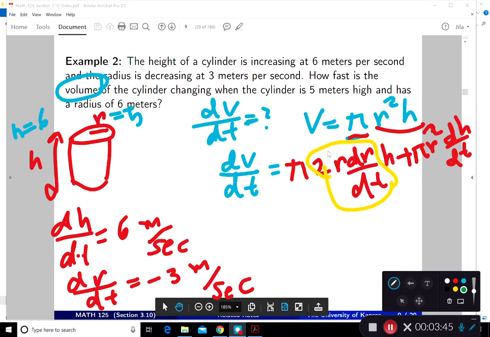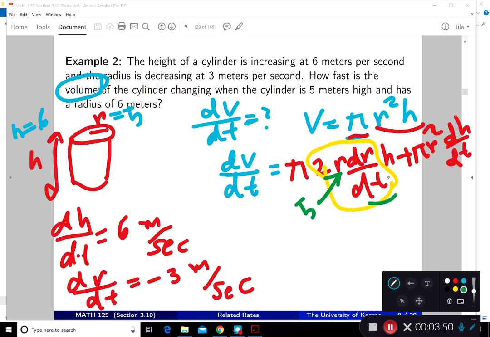I know r, and I know that's 5 at that instant. See, r is changing, but it's 5 at that instant. dr/dt is -3. r squared is going to be 25.